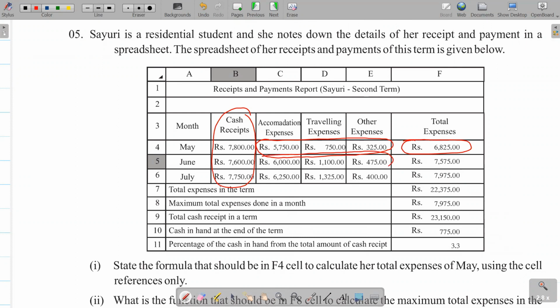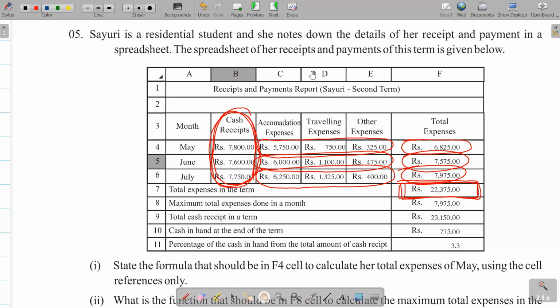So likewise, 3 months, which is May, June, and July, is added up over here. And this gives you the total expenditure, right? So here her expenditures are there, and this is her total income, right? So there she has done the maximum total expense, the cash receipts, and the cash in hand at the end of the term, that means the savings, and the percentage of the cash in hand from the total amount of cash receipts.